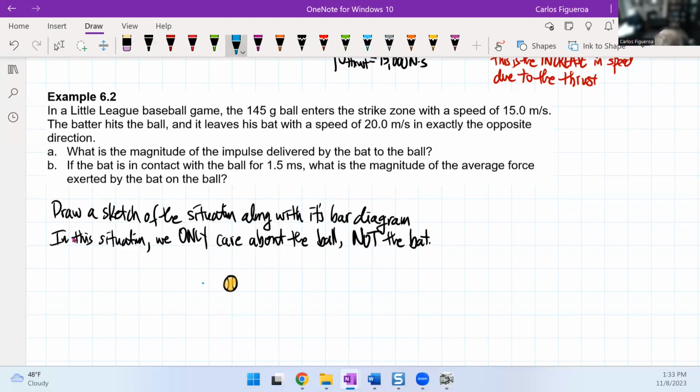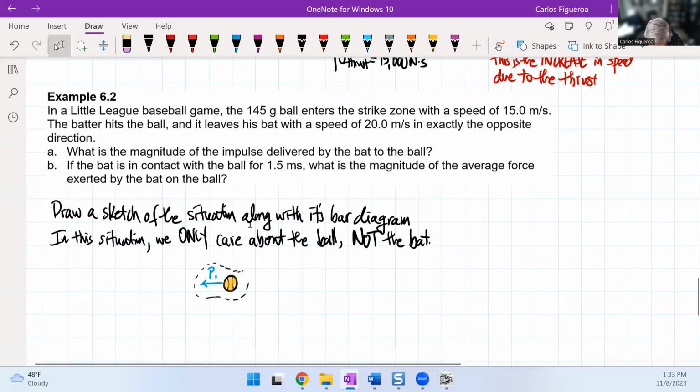Let's say that it comes in with some initial momentum P1. I agree that there's a bat, but the whole world that we care about is just contained within the baseball. That's it. And what happens afterwards? So this is, now let me move this down just a little bit. So this is what happens before.